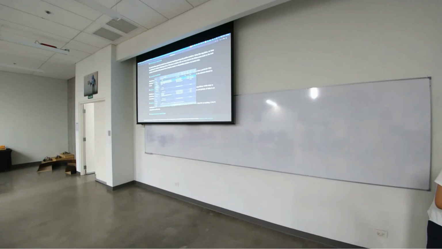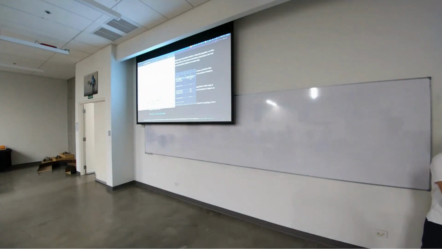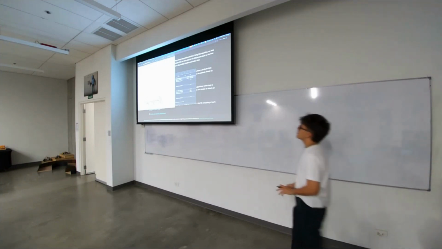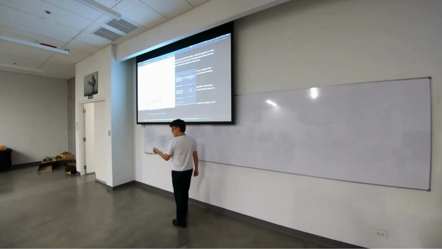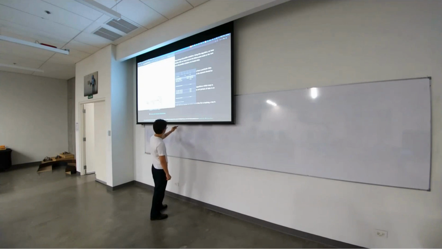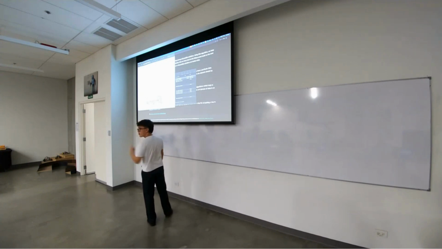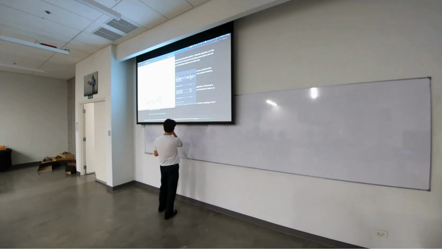Can you see this correctly? Yeah? Okay. We have an A point, then a B point, then a C point, then a D point, then an E point. You see the arrows, right? All of them have different values.